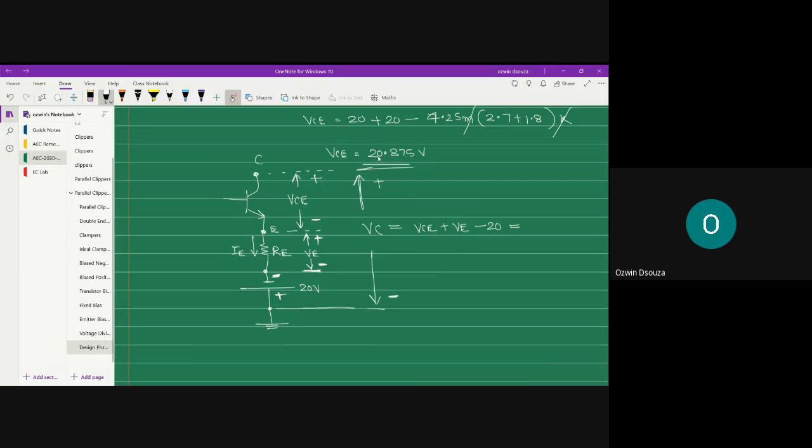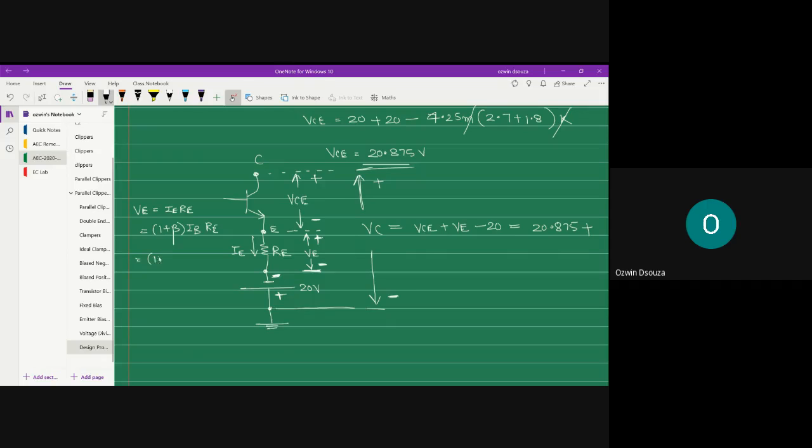That is equal to, what is VCE? 20.875 plus VE. Okay, what is VE? Here let me write, where VE is equal to IE into RE, or what is IE? 1 plus beta times IB into RE.